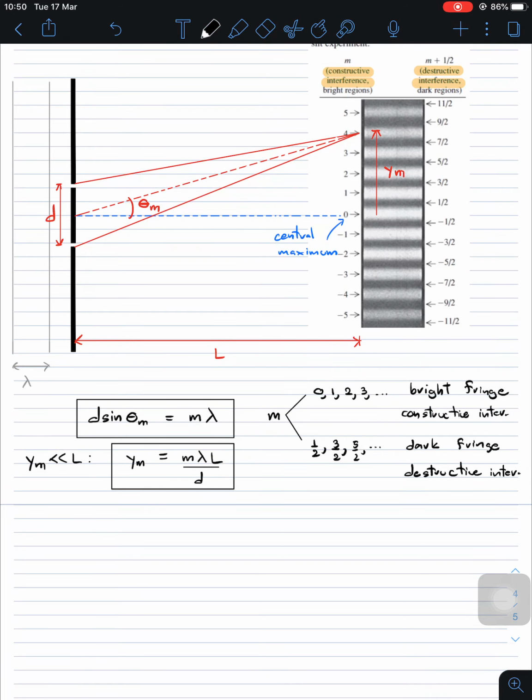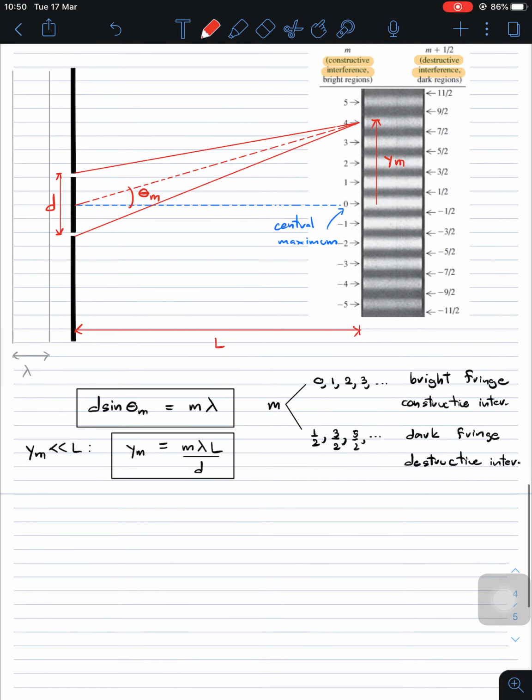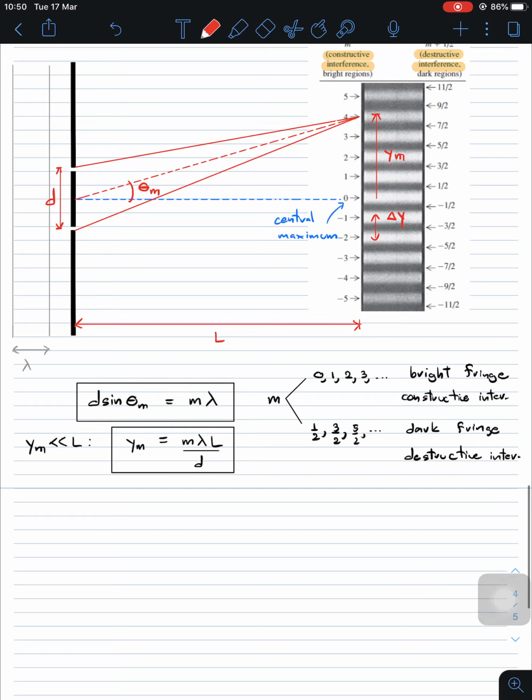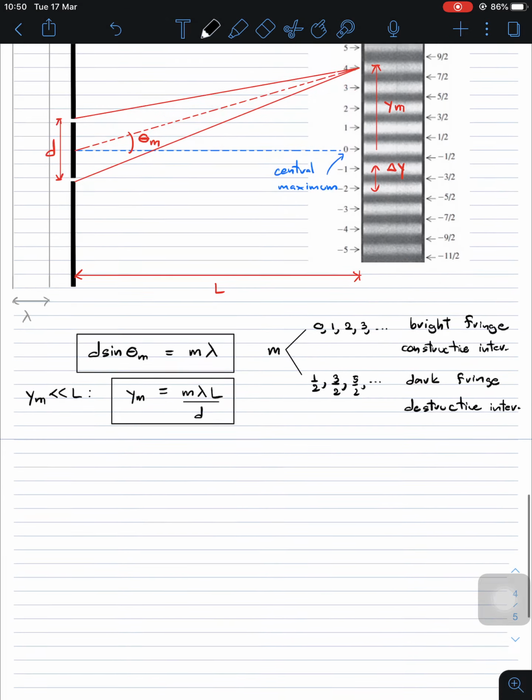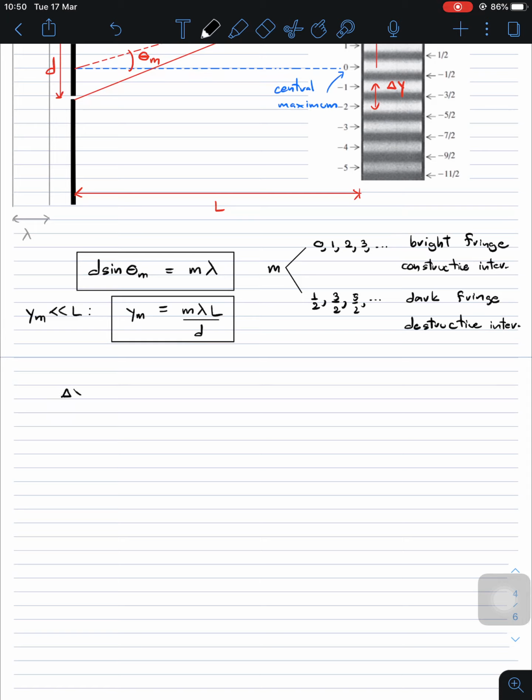And then moreover, we can find the neighboring bright fringe. Let's say delta y. What is delta y?